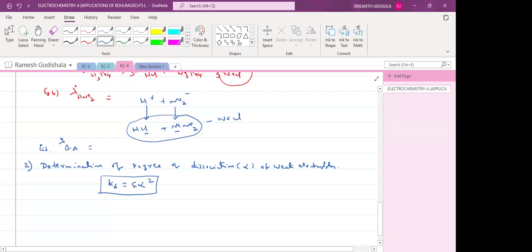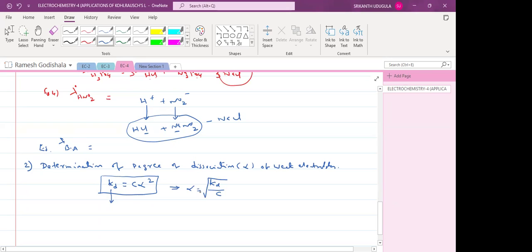So if you know the KD value, from this, alpha is equal to square root of KD by C. This is the equation.